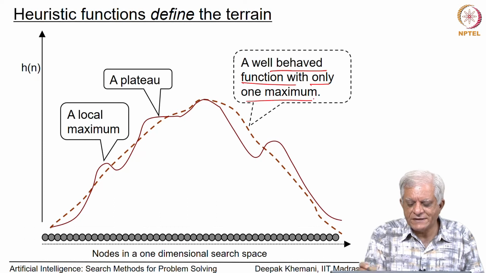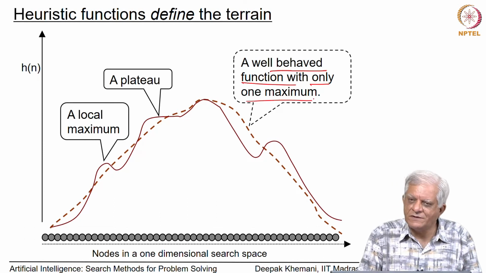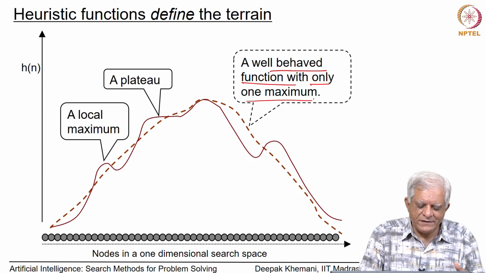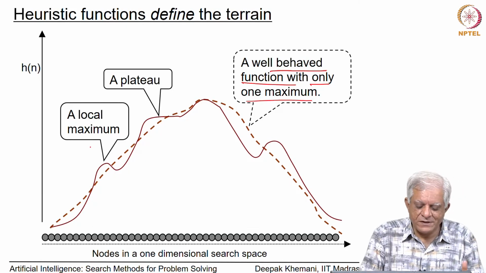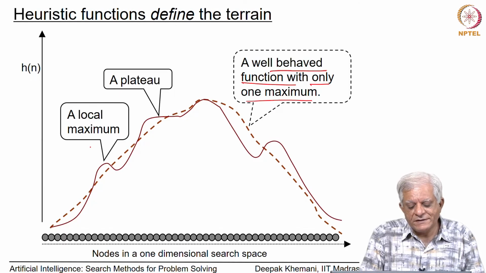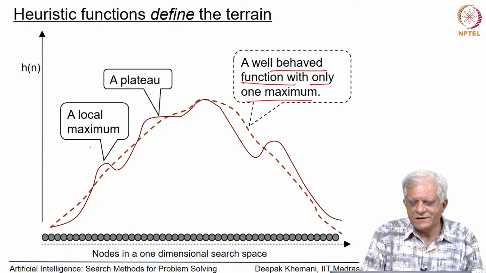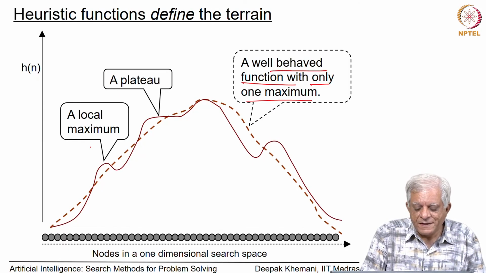Now, obviously, if there is such a surface, then hill climbing will work well, but on the other hand, other heuristic functions may have things like local maxima or they may have a plateau, and then the hill climbing algorithm would get stuck essentially.